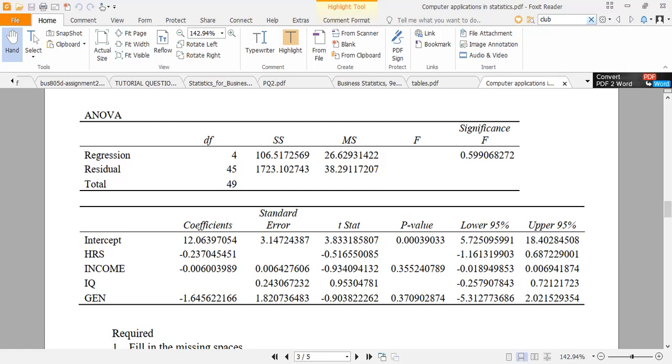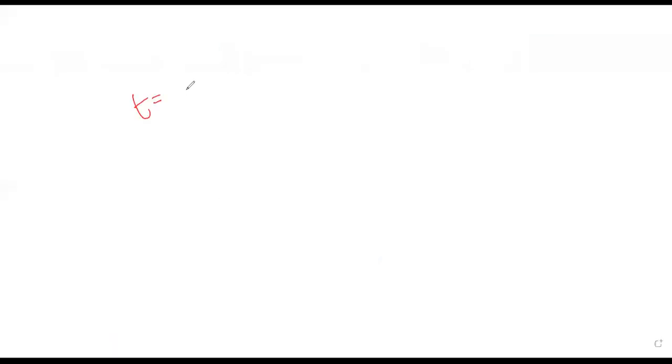Remember that when we are computing t-statistics, t is equal to the estimated beta minus the actual beta, divided by the standard error of the beta. And always, based on the standard hypothesis, the hypothesized beta is equal to 0.